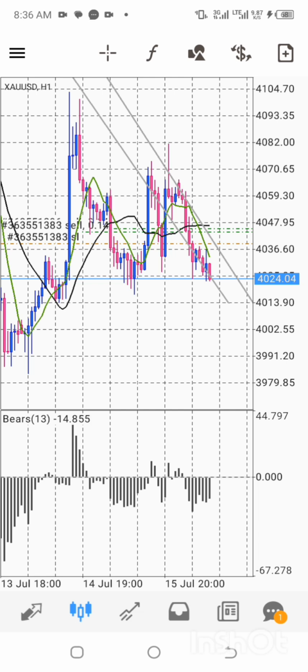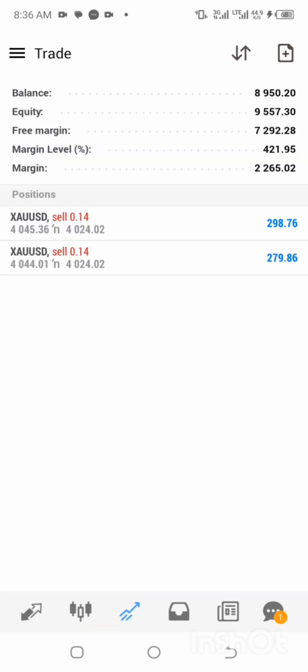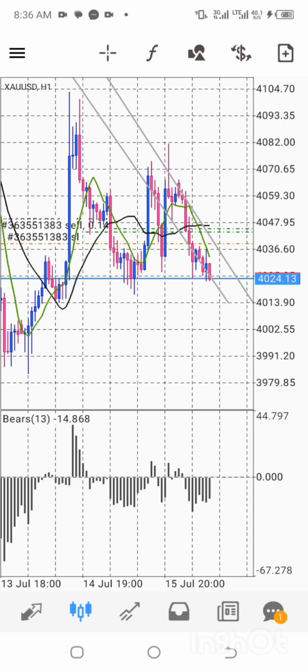So if the market pulls back now, you're going to make additional money, about say $100 and something each, or less than that. I don't know what the exact figure is, but that is the idea. So I can leave the market like this and let it run.